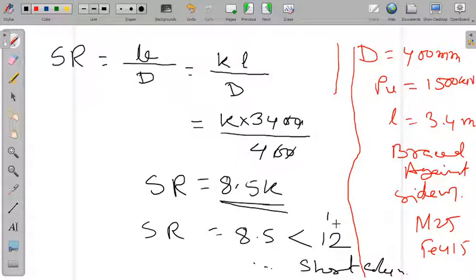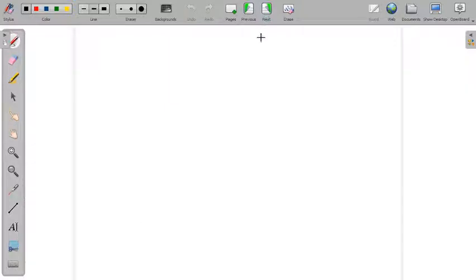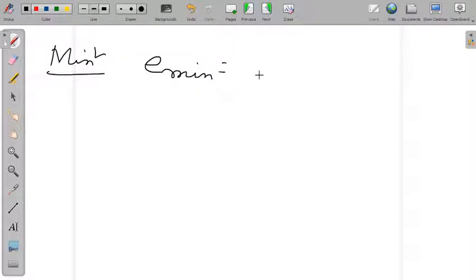Okay, now we know it is a short column, but we still do not know whether it is axially loaded or not. For that, we have to find out the minimum eccentricity, e minimum. In this case, it is a circular column, so e minimum is the same in both directions.